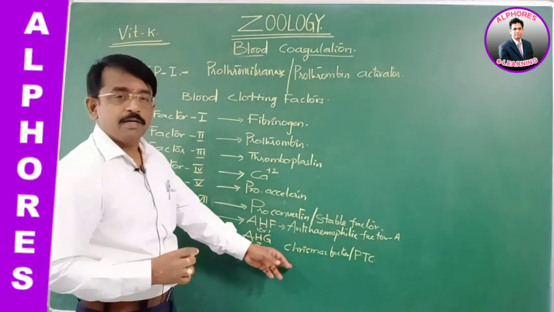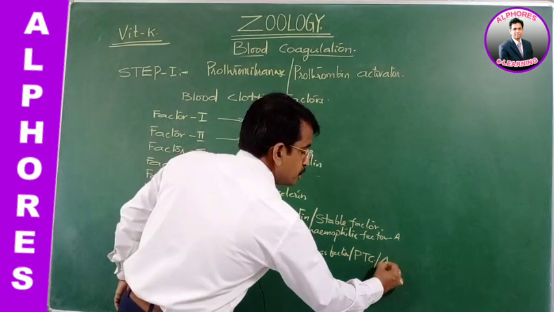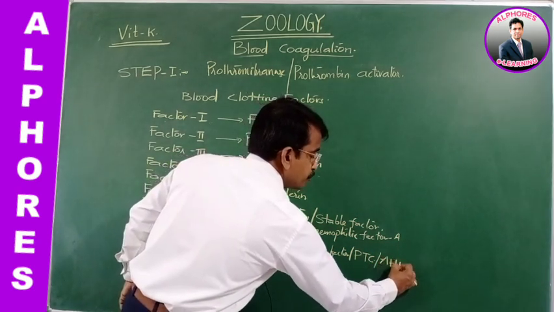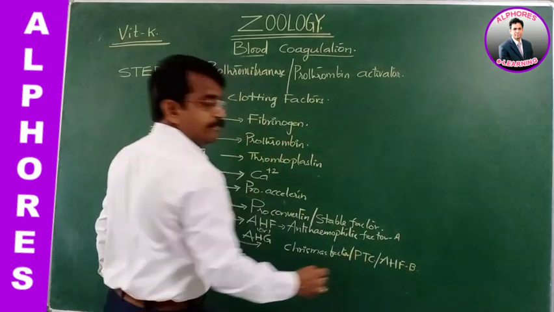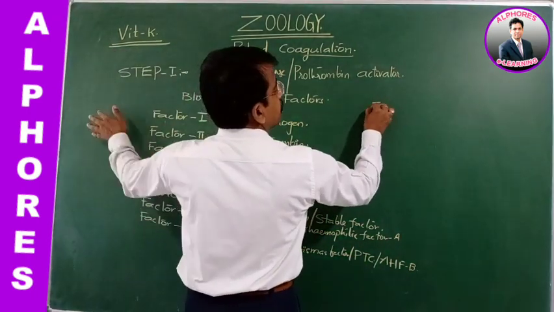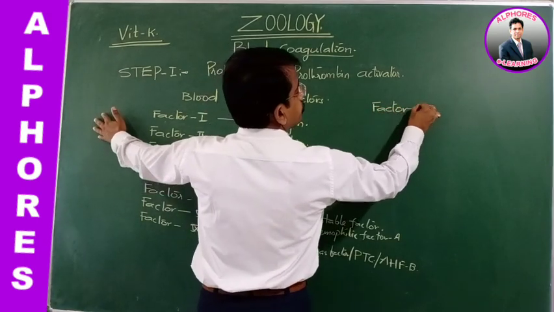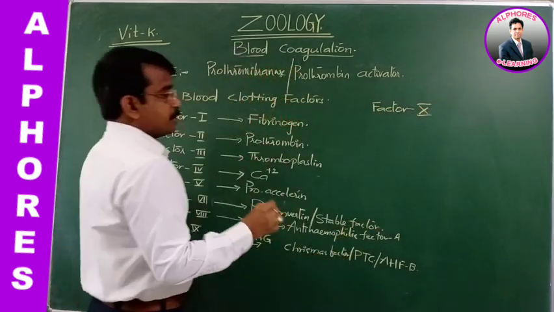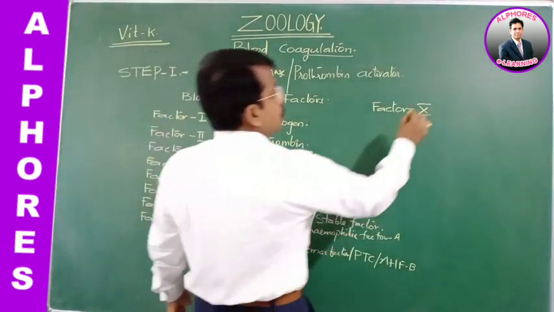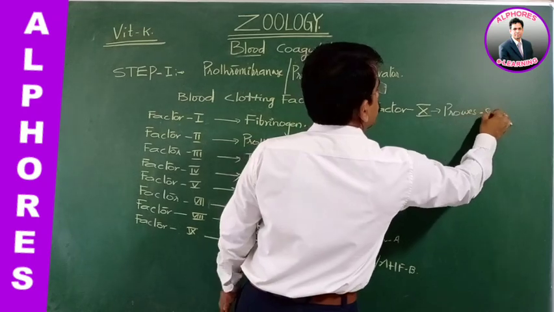Or else it is also named anti-hemophilic factor B. Next, factor 10 is named the Stuart-Prower factor.